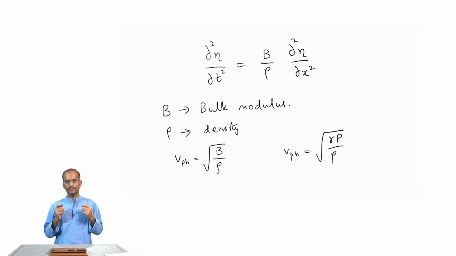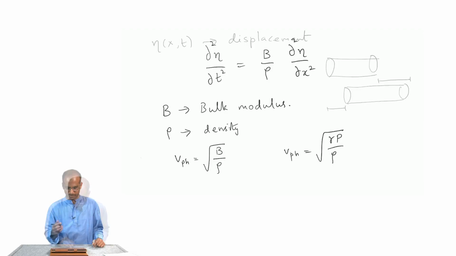One is I can write the wave equation in terms of displacement of this parcel, which is what I have done here. But now, I can also rewrite this same wave equation in terms of P, being the difference in pressure with respect to atmospheric pressure.